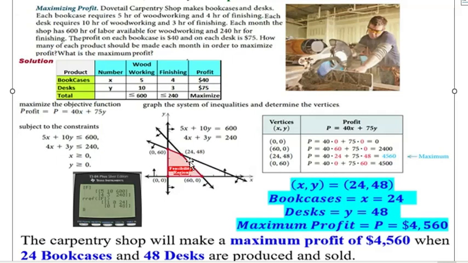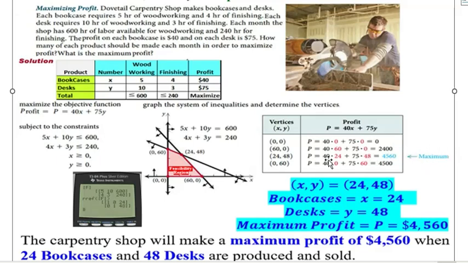Then evaluated at 0, 60, the profit is 40 times 0 plus 75 times 60, which is 4500. So now here you have 0, 2400, 4560, and 4500, which the maximum is 4560, and this is the absolute max.